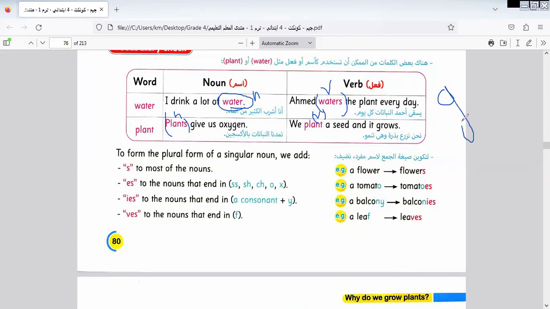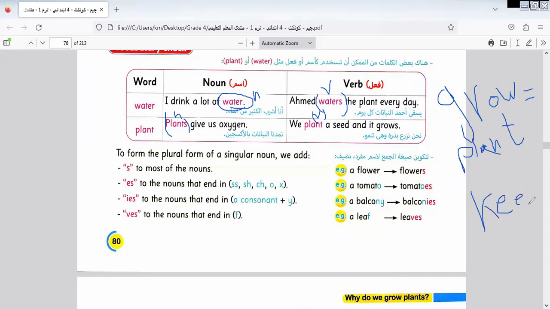We also have another verb related to plant, which is grow. Here is grow. Here is plant. We have two verbs with the same meaning, keep and raise, both used with animals.